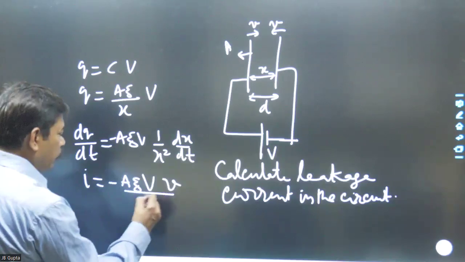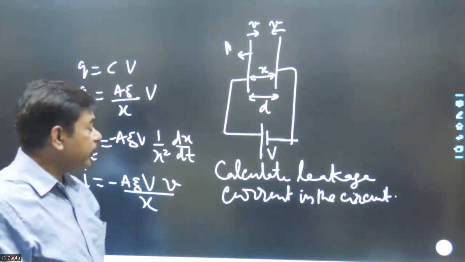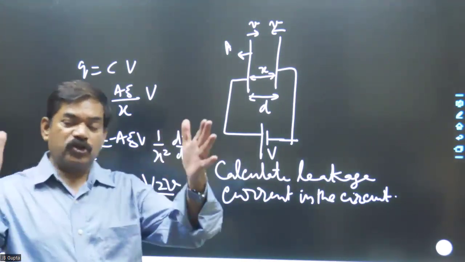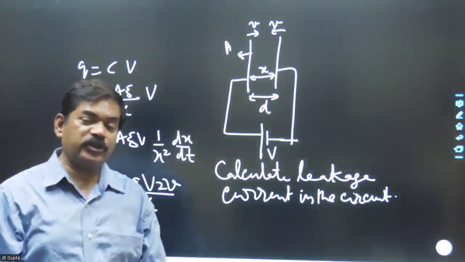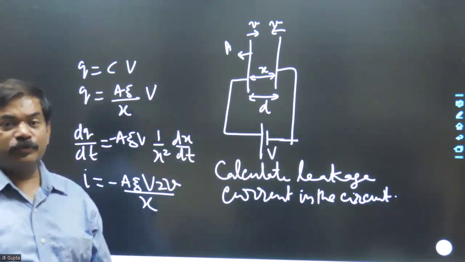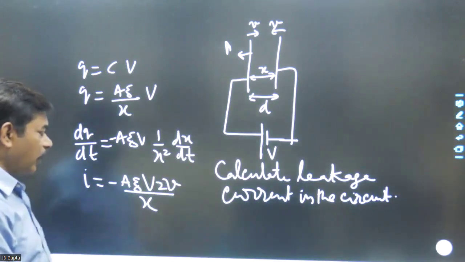Now see, at what rate will x vary? 2v. x varies because of the velocity of both the plates, so dx by dt is the relative velocity between the two plates. So there's the current I.